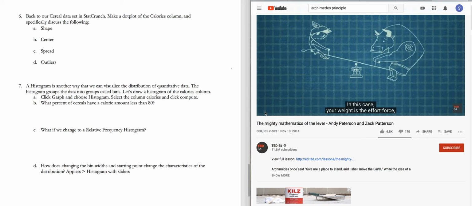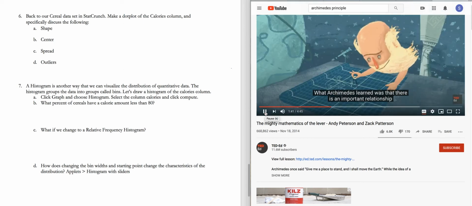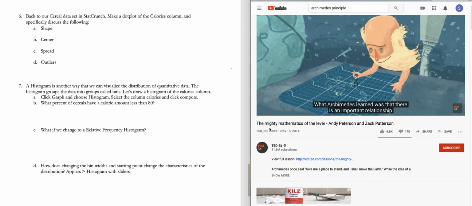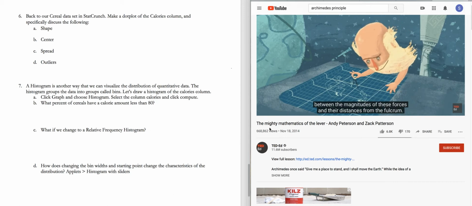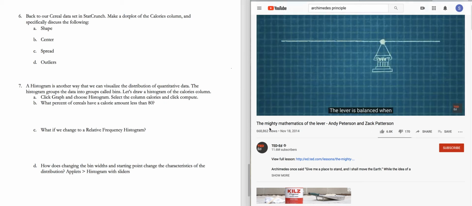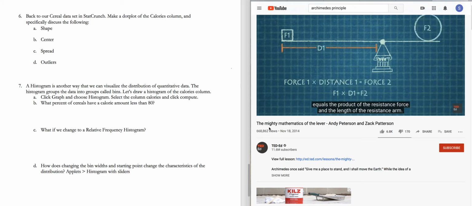In this case, your weight is the effort force, while your friend's weight provides the resistance force. What Archimedes learned was that there is an important relationship between the magnitudes of these forces and their distances from the fulcrum. The lever is balanced when the product of the effort force and the length of the effort arm equals the product of the resistance force and the length of the resistance arm.